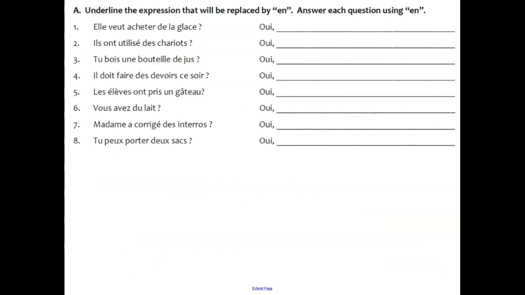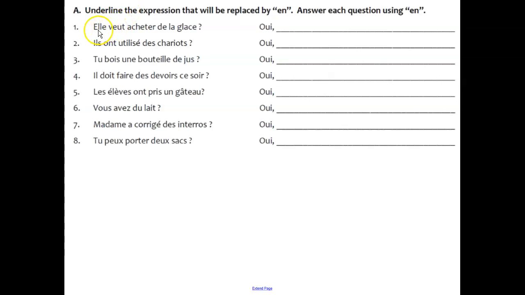Okay, so first little practice exercise, activité A. It says underline the expression that will be replaced by "en". What I would actually encourage you to do instead of underlining, I would suggest that you cross it out. Okay, so cross out the phrase that's going to be replaced by "en", and then go through that process.